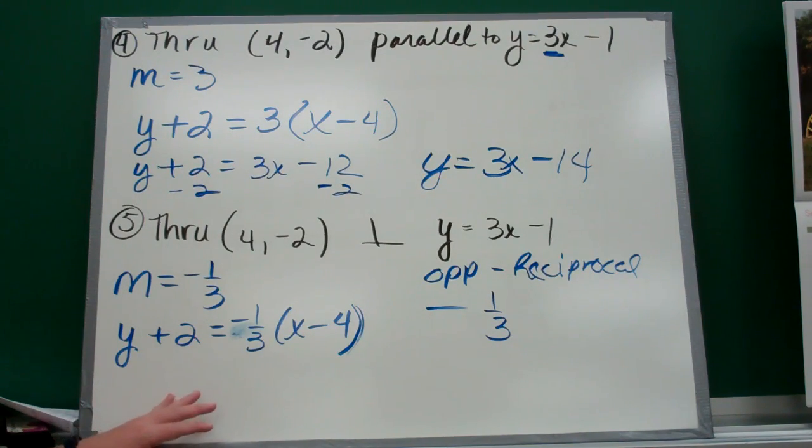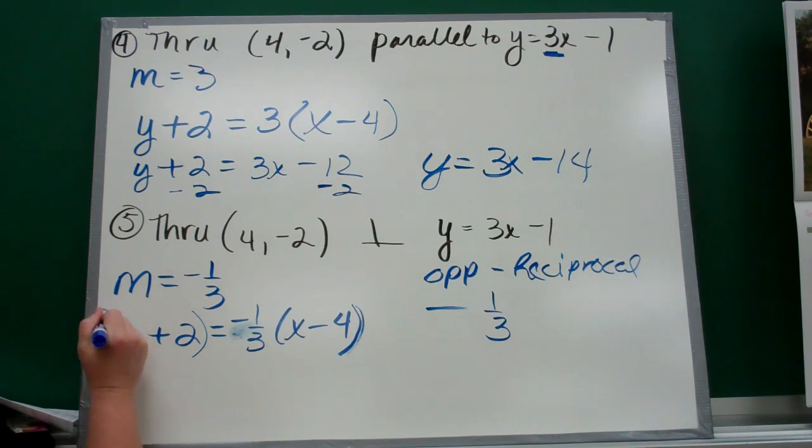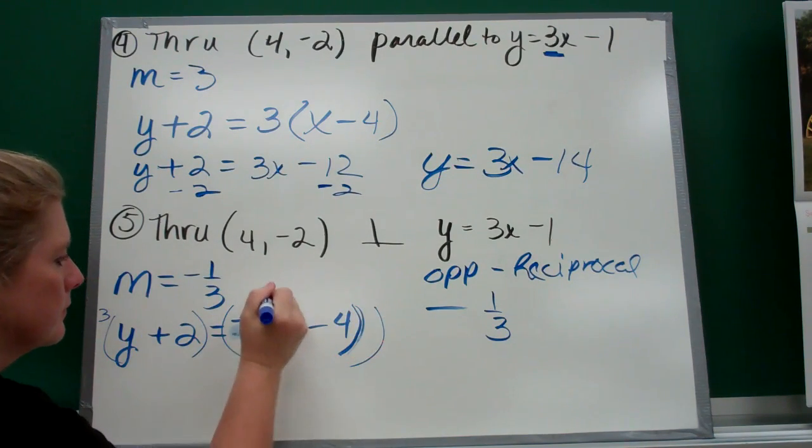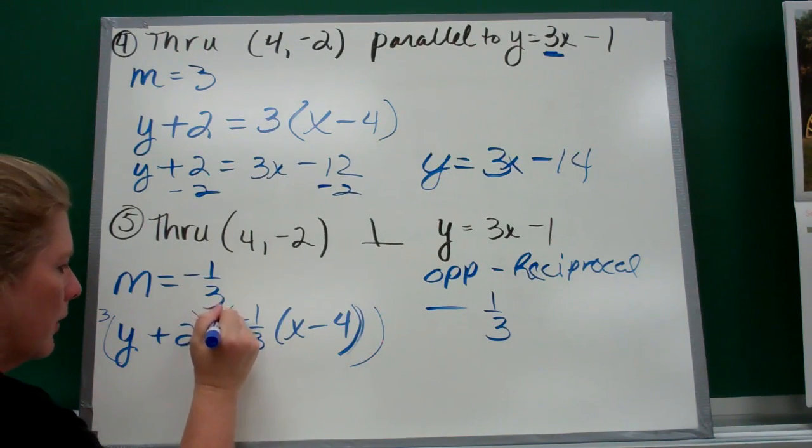Okay. And we can actually do away with this fraction right now by multiplying by 3. 3 times negative 1/3 is negative 1.